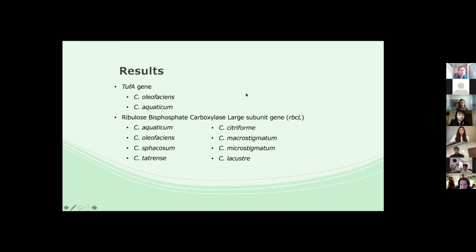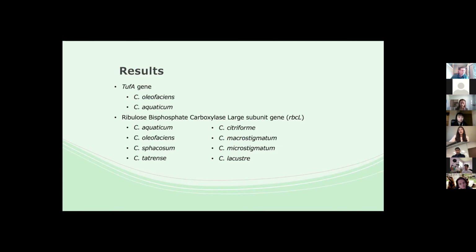My results were that I was able to use 2 different genes throughout my research, the tufA gene and the ribulose bisphosphate carboxylase large subunit gene. For my tufA gene, I only used 2 of my species because that was the first round of DNA that I did, and those 2, Oleophasians and Aquaticum, were the ones I got a good concentration and good purity on.